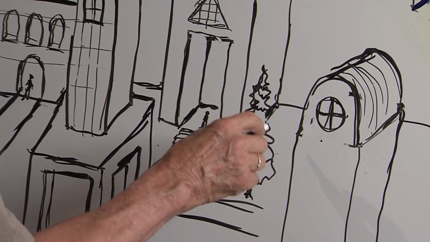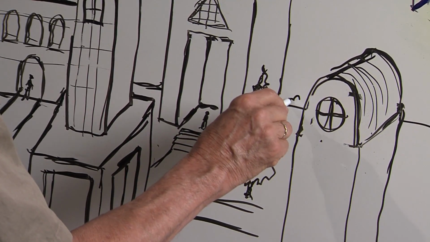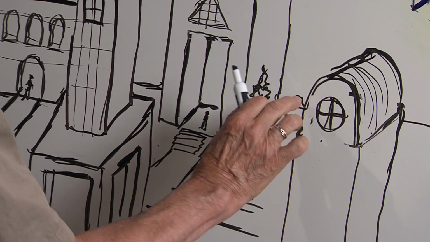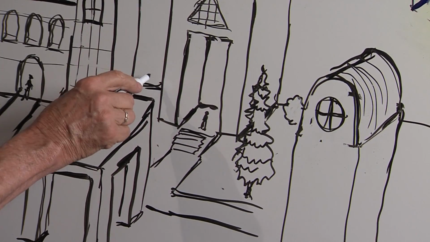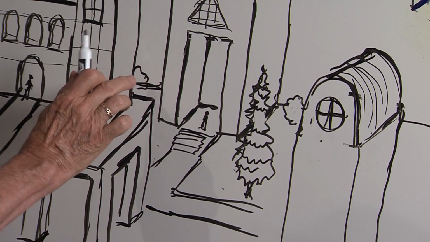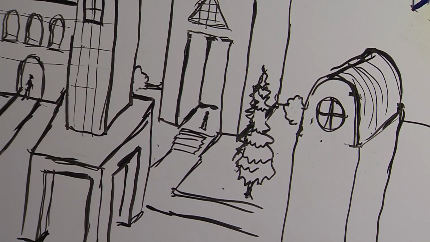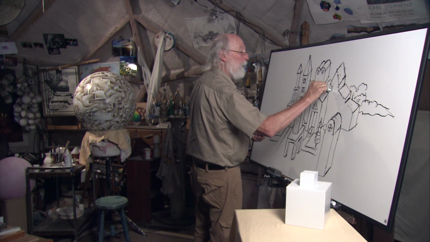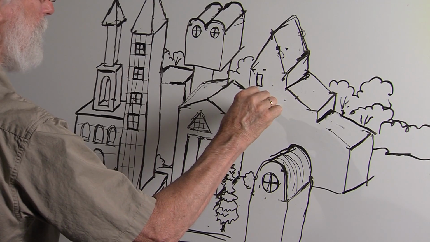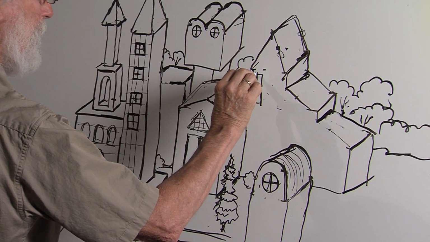So there might be a tree there and maybe a couple of bushes back here that are planted to make things look kind of cool. Maybe another bush over here. So you can just keep adding and adding windows and doors, and that's what brings out the realism. I'm going to add a line down there.